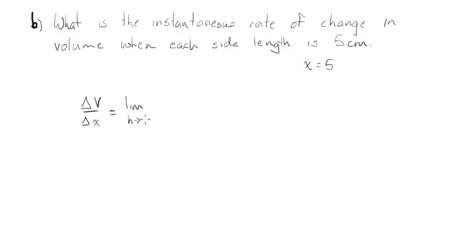The limit as h goes to 0 of the volume at 5 plus h, minus the volume at 5, all divided by h.